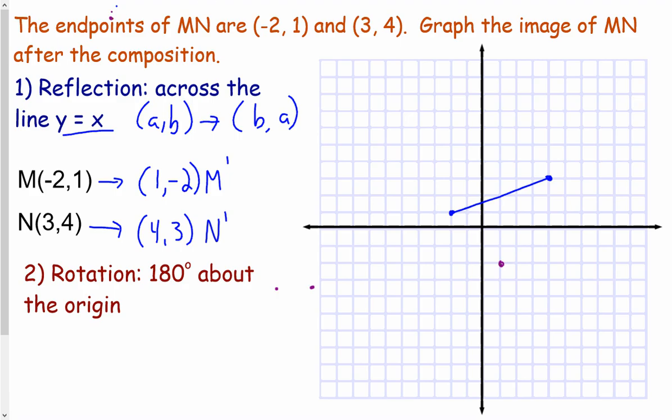Oh, I made a mistake there. I graphed 4, 3 already. It's supposed to be 3, 4. Undo. So there's our point. And the second point is going to be 4, 3. So that's after we moved. So there's my prime. Here's my original.